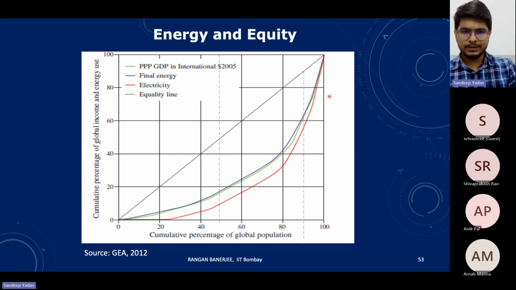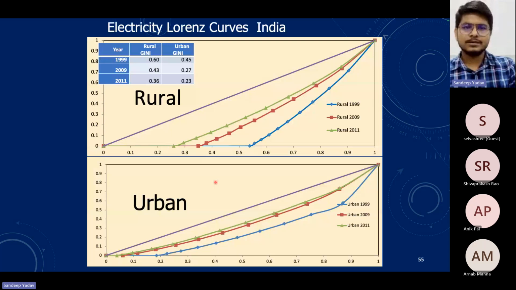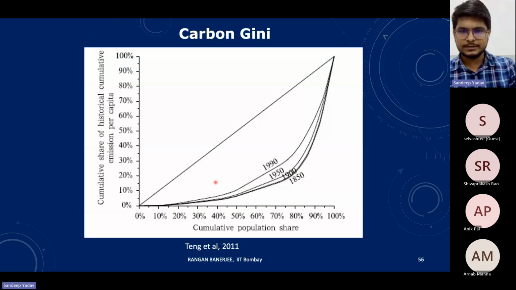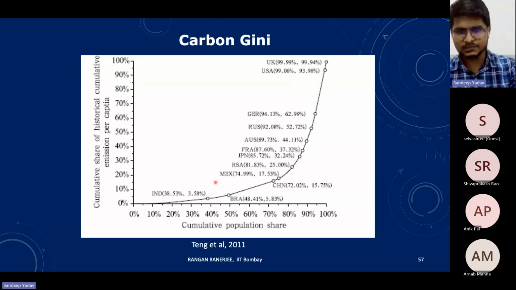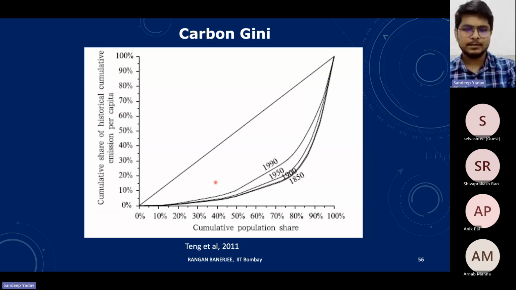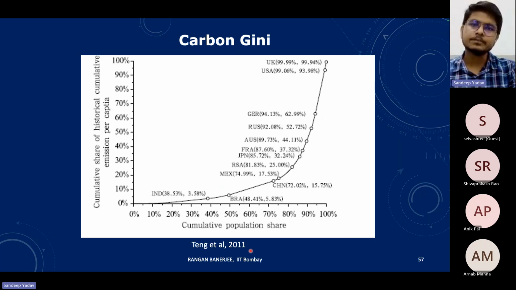It shows a more or less same graph for all of them, mostly a downward curve. These are examples of different countries, and we can also draw Gini for carbon emissions. If you want more detail, you can visit this paper, which will be given in the reference section.